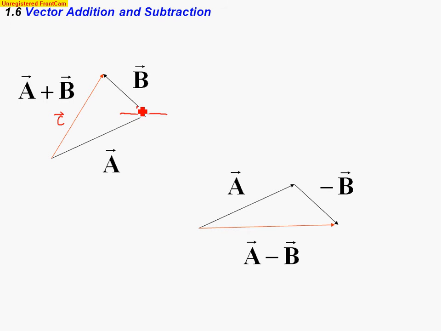See here. And this angle would be the same thing. But notice in this one, instead of B pointing up and to the left, it points down and to the right. So we get a different C. We'll call this C prime. It's not only a different length, but it's also a different direction.